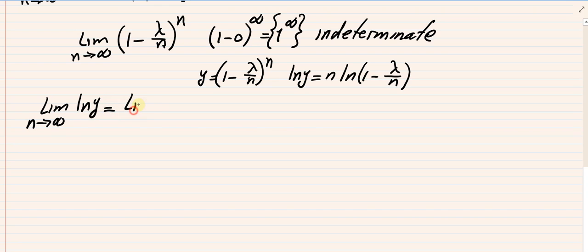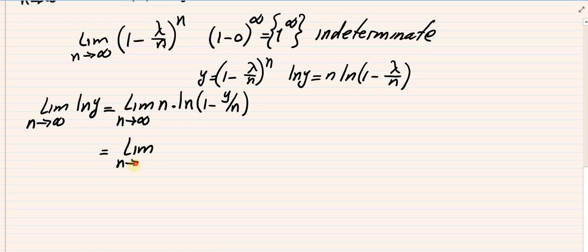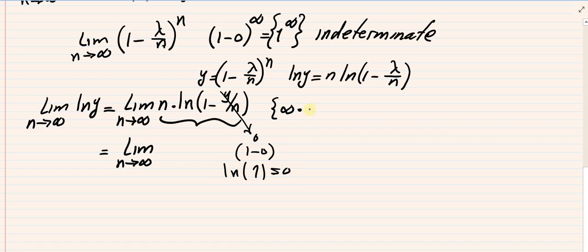So that would be the same as the limit as n goes to infinity of n times the natural log of 1 minus lambda over n. Okay, and now let's look at the form of the limit. As n approaches infinity, in front, n approaches infinity. So this limit is going to be infinity times, lambda over n approaches 0. So we get 1 minus 0, which is 1, and the natural log of 1 is 0.